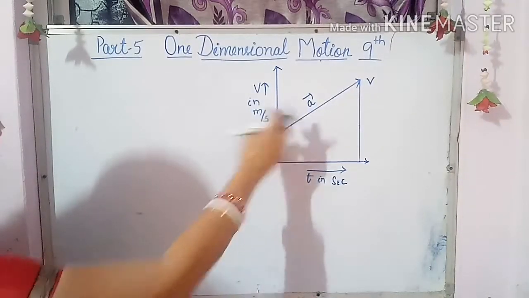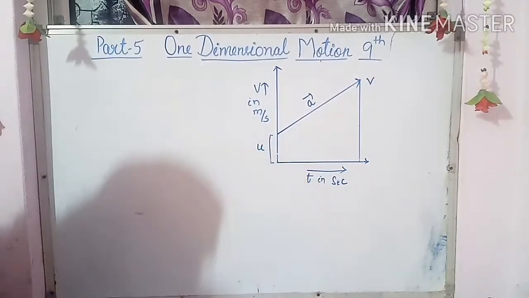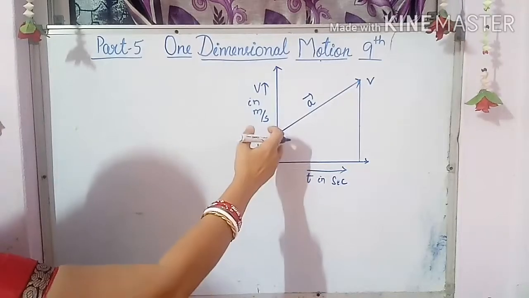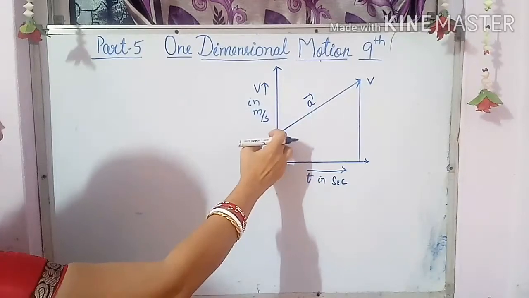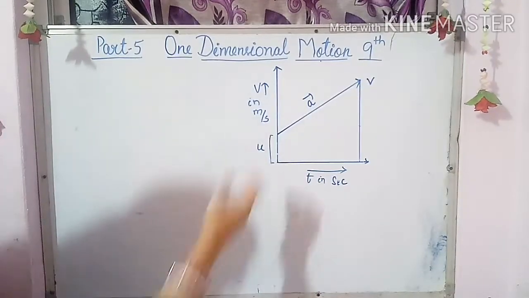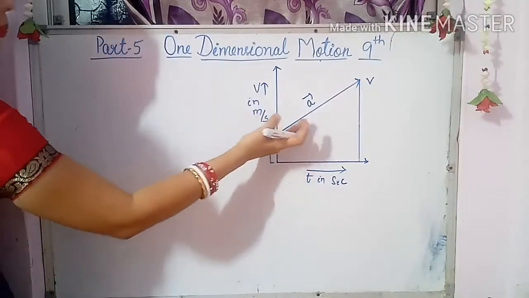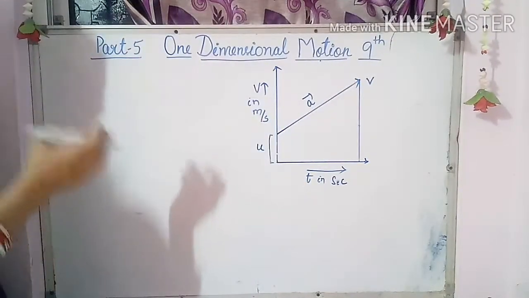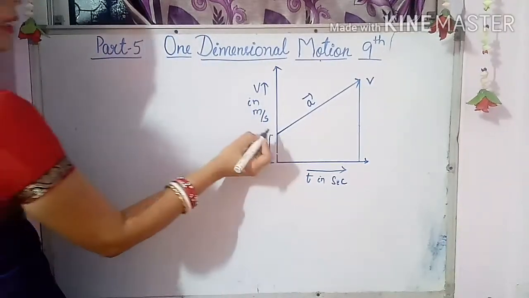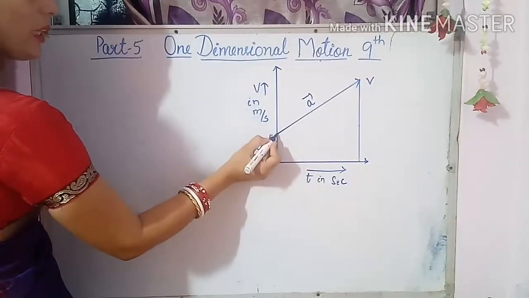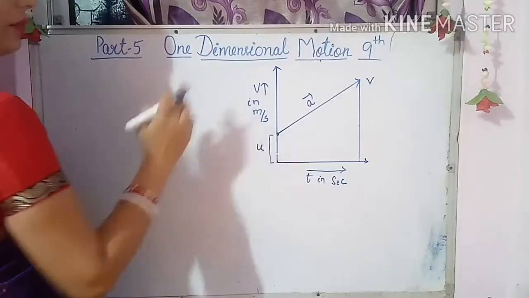Why have I started from here? Because I don't want to take this from 0 or rest position. So I have taken that some initial velocity U is there. Let a body be in the motion position, having the initial velocity U. Let it be U, that's why I have taken it.